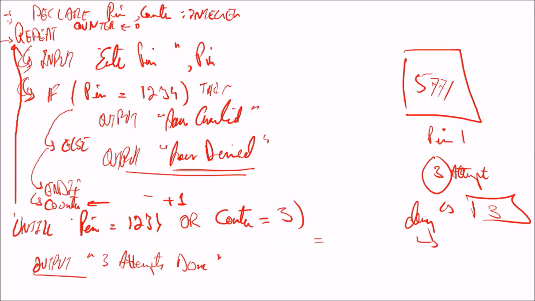सर लेकिन ऐसे अगर पासवर्ड भी हम 1 2 3 डालें फिर भी 3 अटेम्प्ट्स डन आएगा. Exactly. उसके लिए what we'll do, we'll put it in if condition.